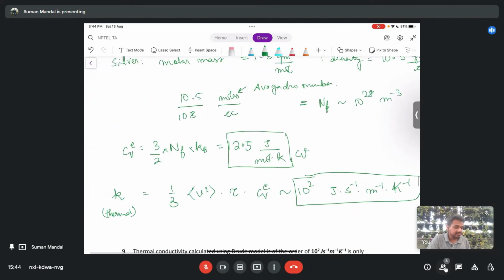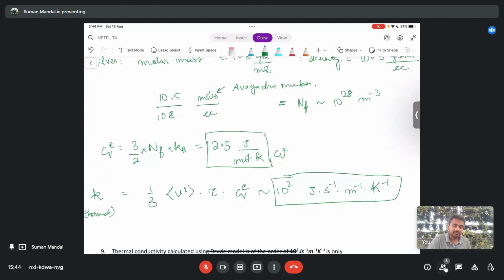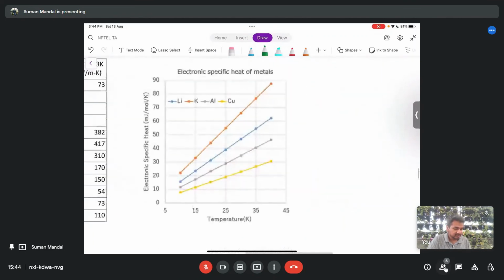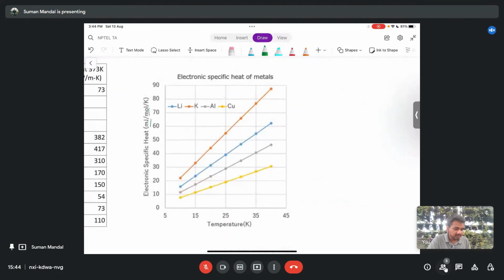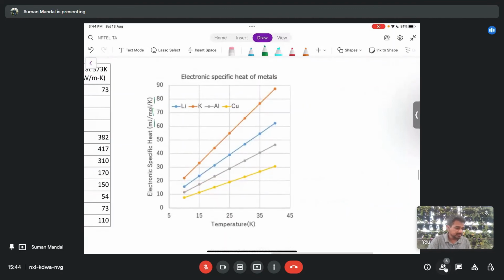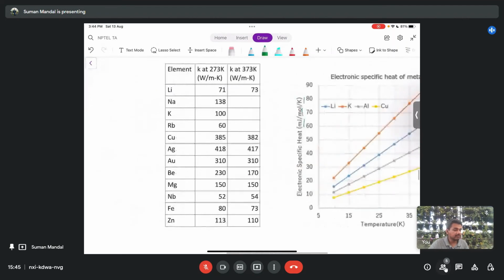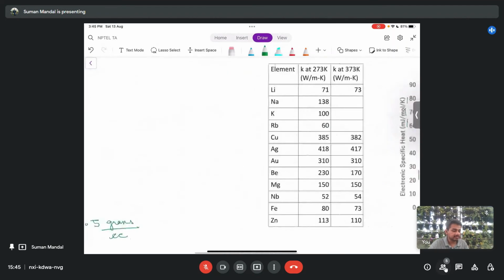But if you compare the specific heat of 12.5 from the calculations with the real values, we see that it is in millijoules per mole per Kelvin. So there is approximately 10 power 2 difference in the specific heat compared with the real values. So even though the velocity and specific heat values were off, somehow they led to the correct values of the thermal conductivity.